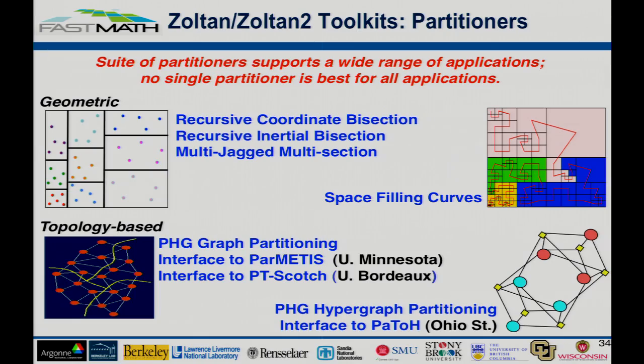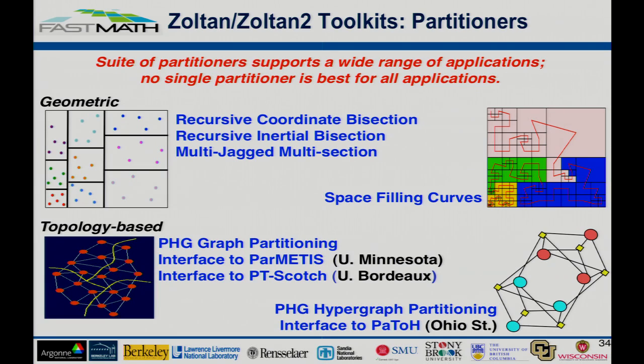So the Zoltan and Zoltan 2 toolkits provide a large number of partitioning tools you can use for both static and dynamic. We're going to focus on the dynamic tools. So these can be roughly grouped into two sets. The first is the geometric partitioners. So this is when you have objects and you can somehow define spatial relations between them. And the general approach to do the partitioning is to recursively section the data.